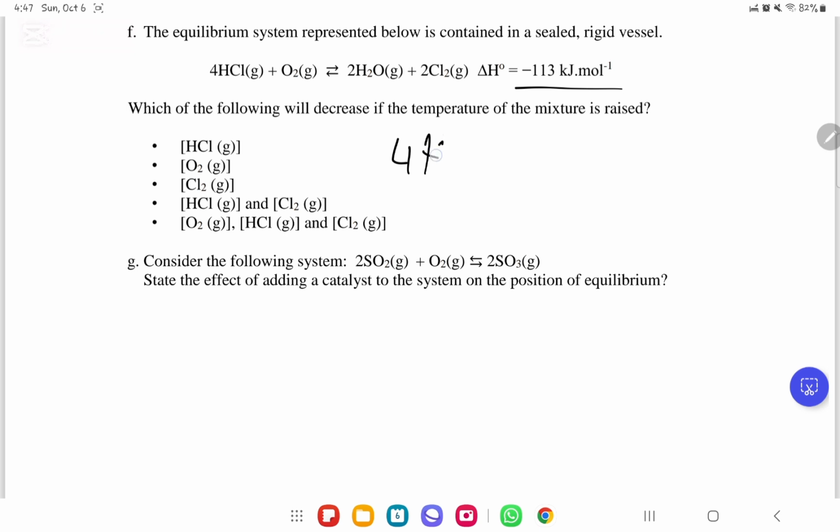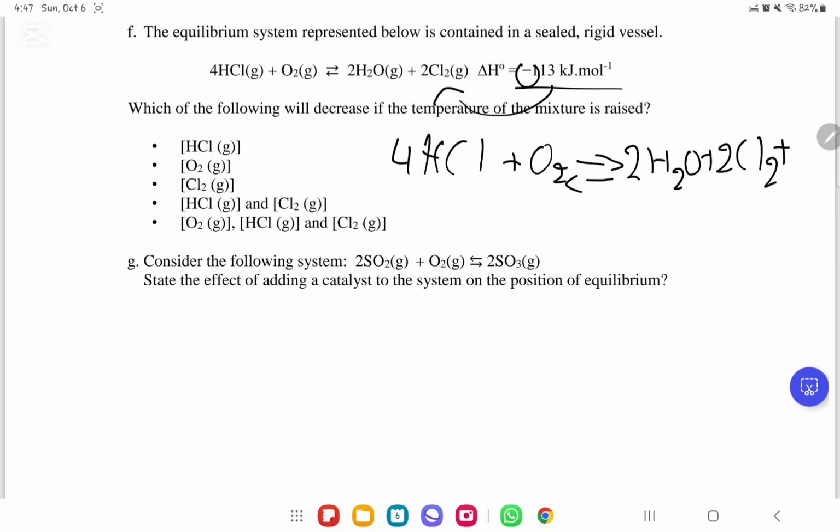It becomes 4HCl plus O2, with the equilibrium sign, gives us 2H2O plus 2Cl2, plus, because it's negative, it's exothermic, so the heat ends up in the products, plus 113.3 kilojoules per mole. So what happens if we decrease the temperature?